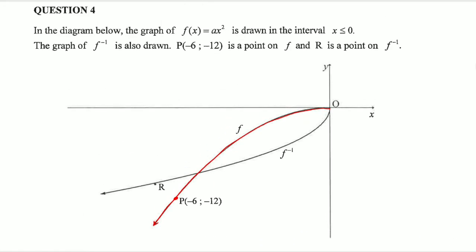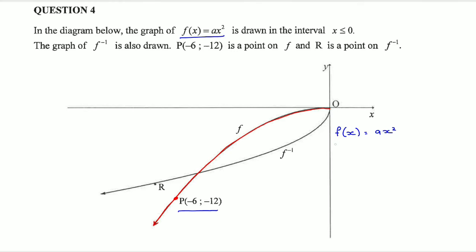And here's a. f of x is equal to ax squared. And f of x is the graph in red. So do we have a point on f that we can use to find a? Yes, we have point P here.